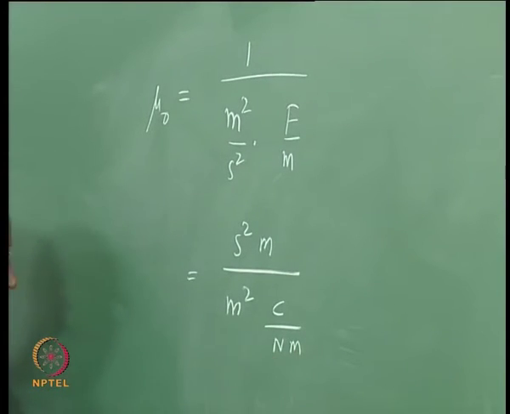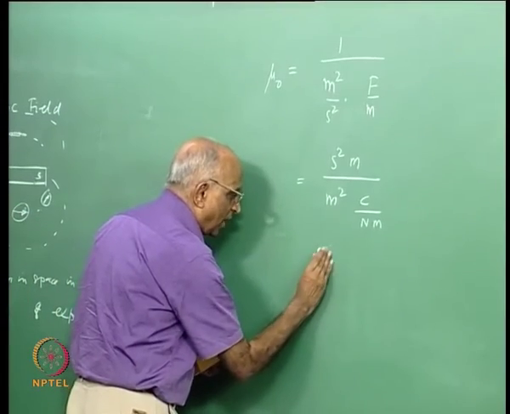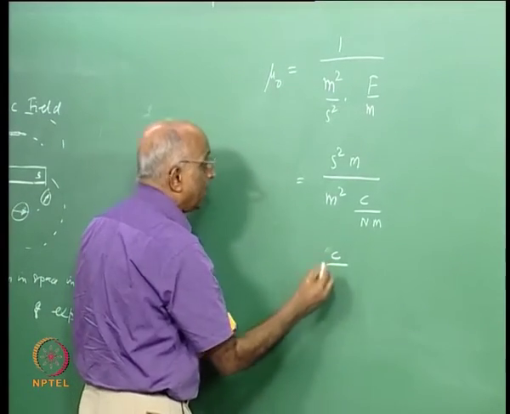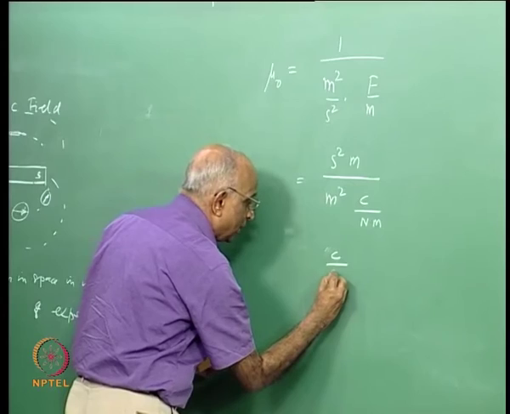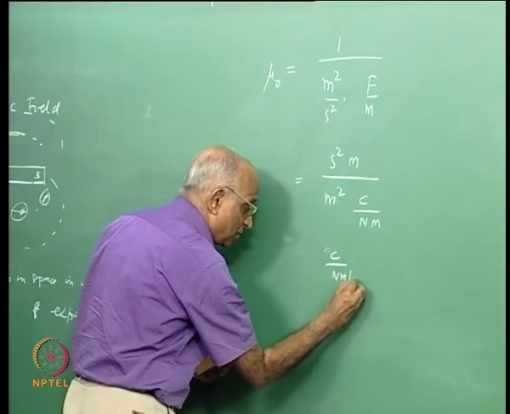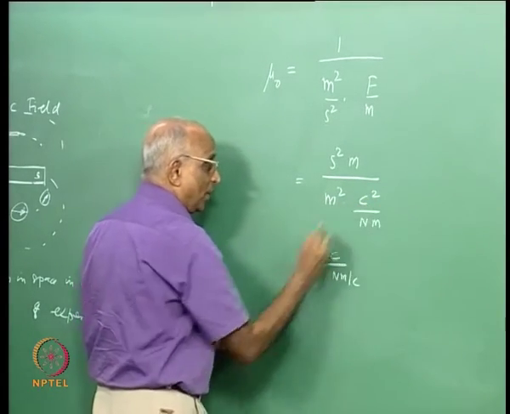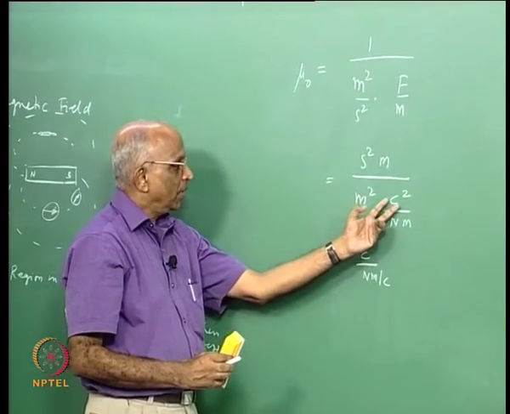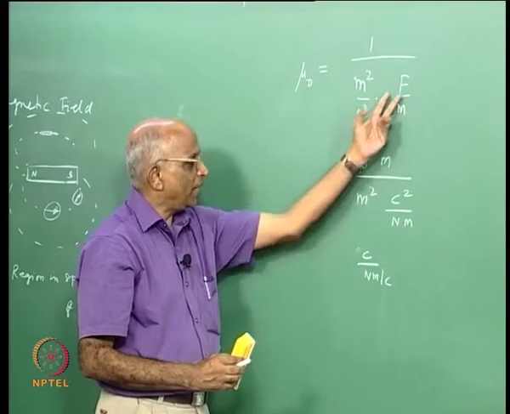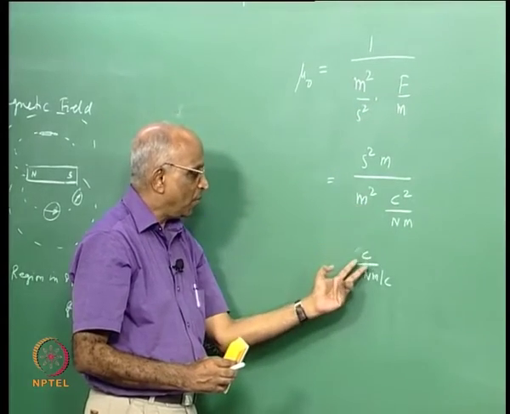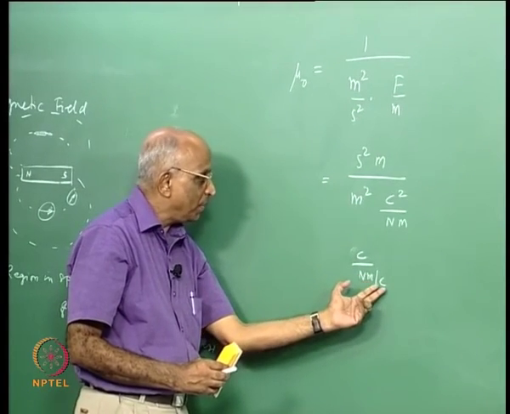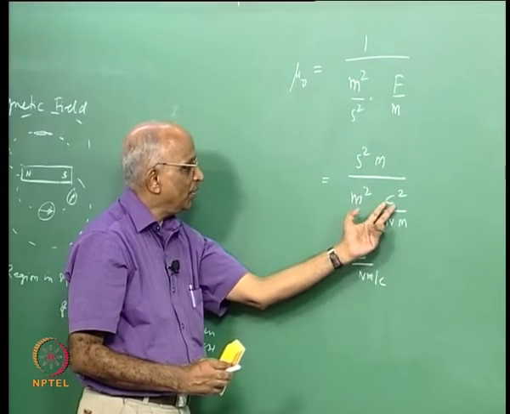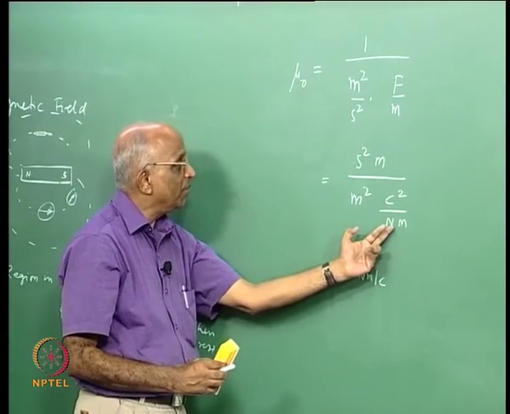Farad is equal to charge, that is Coulomb, by voltage, voltage is equal to Newton meter per charge, so I get Coulomb square over here. Now let us be very clear, we found farad is equal to charge by voltage, voltage is equal to work done per unit charge, and therefore the unit of farad should be C squared by Newton meter.